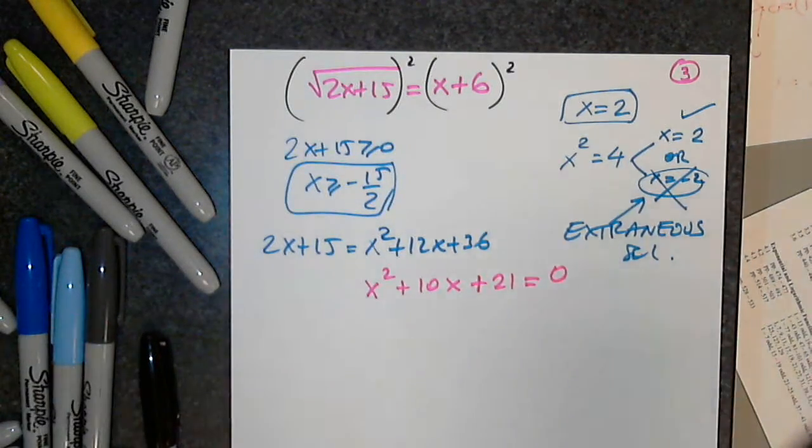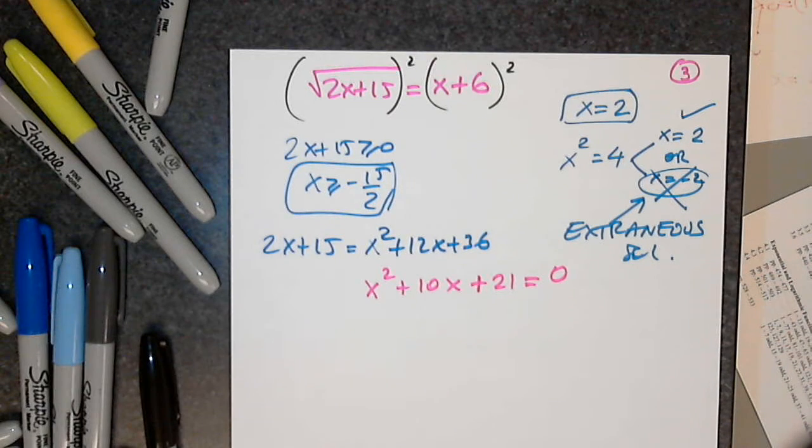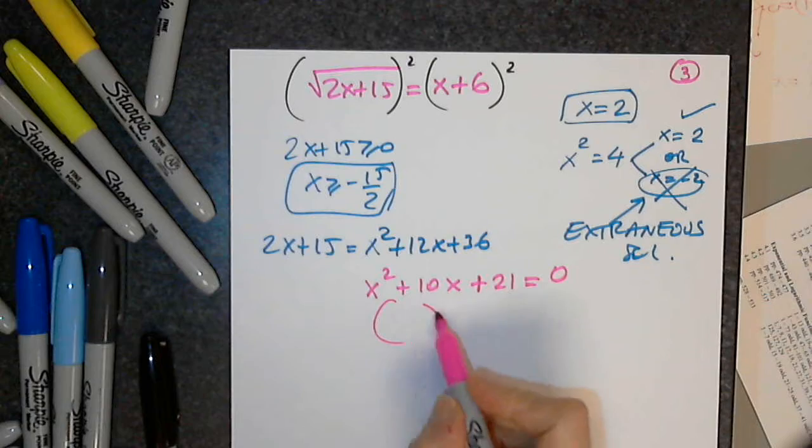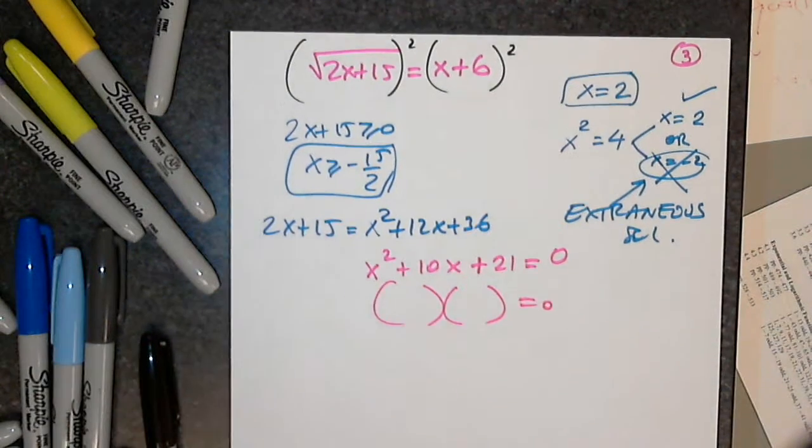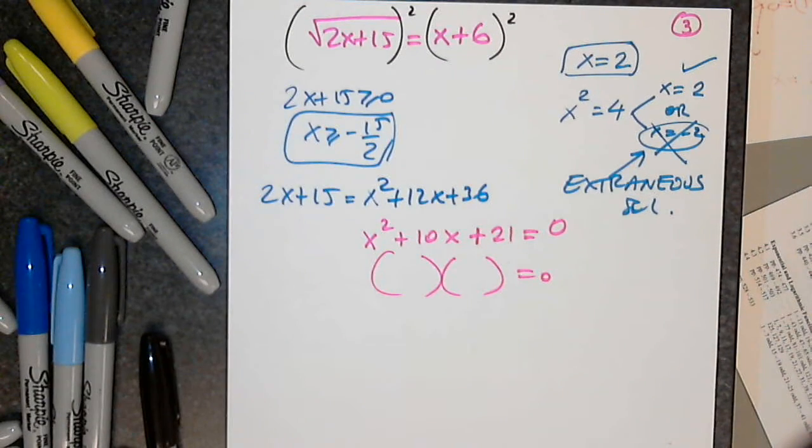Very good. We have 4 methods of solving quadratic equations. I should only use one here. Which one? Factoring, because it's pretty straightforward. Good. So how do I factor this?